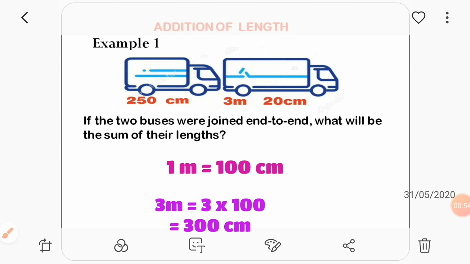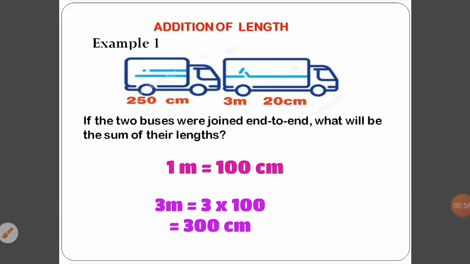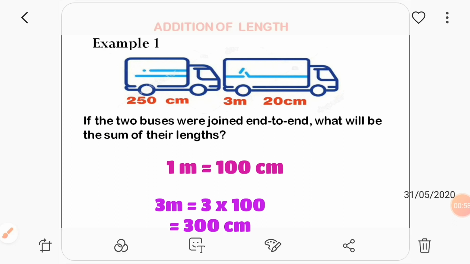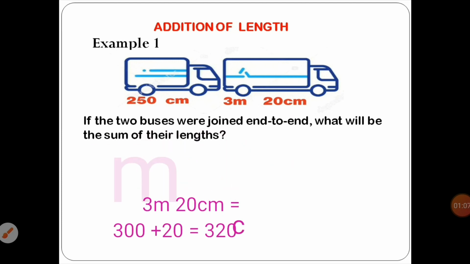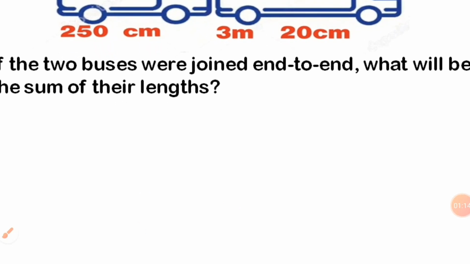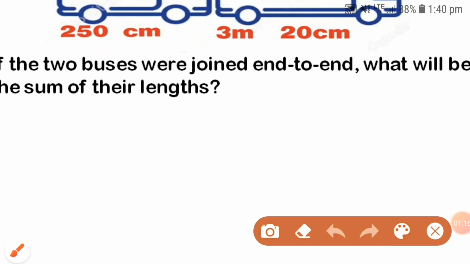Don't forget that 100 centimeters make 1 meter. So the second vehicle is 300 plus 20, that's 320 centimeters. So what are we going to do? Add up 250 to 320. In doing that, you can get your answer without stress.